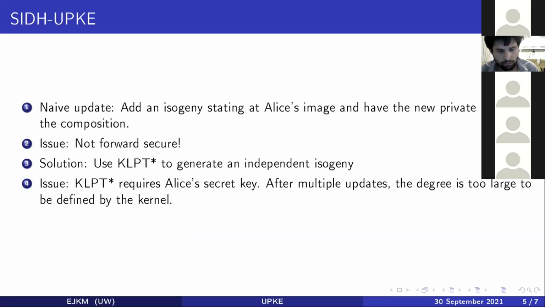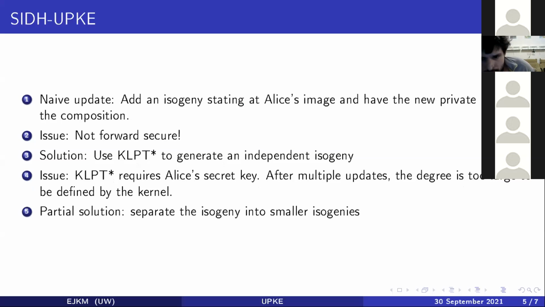The first one we cannot solve is that KLPT star requires information that is part of Alice's secret key. So we lose asynchronicity. Also, after multiple updates, the degree of the isogeny becomes too large to be defined by the kernel. For the second problem, we can simply separate the isogeny into smaller isogenies, and then use linear algebra to do multiple SIDH exchanges.